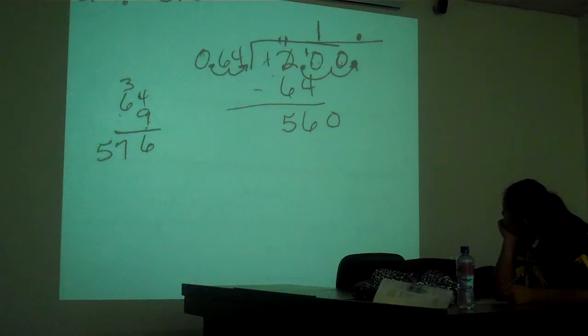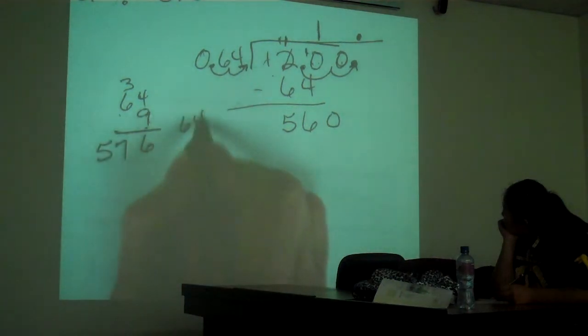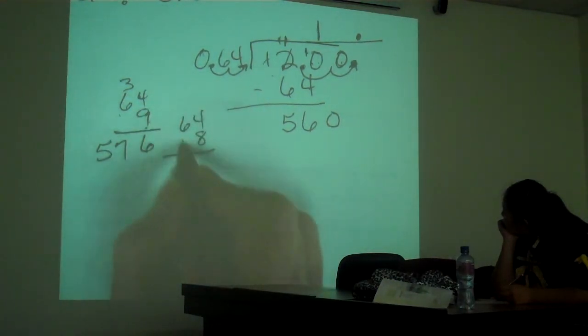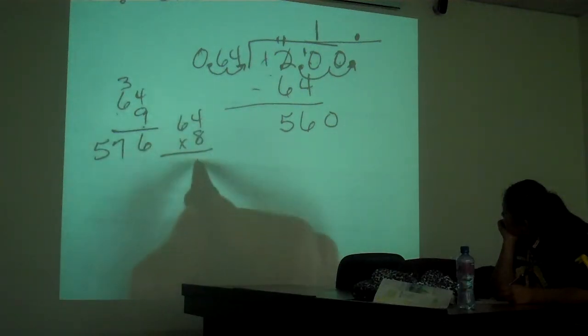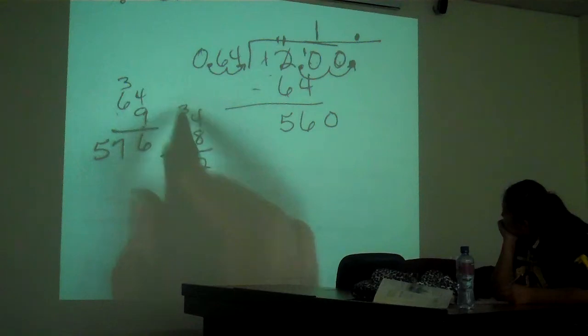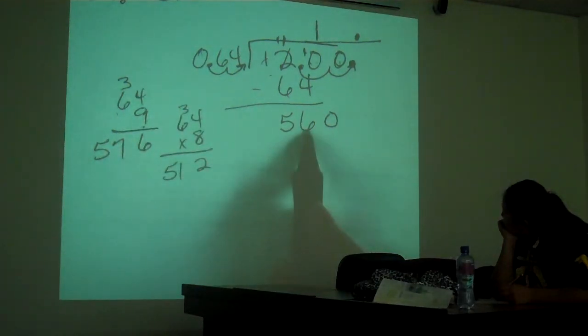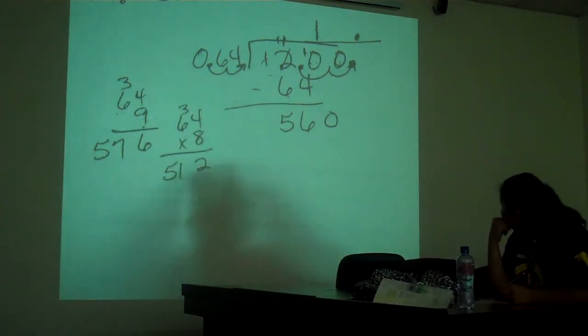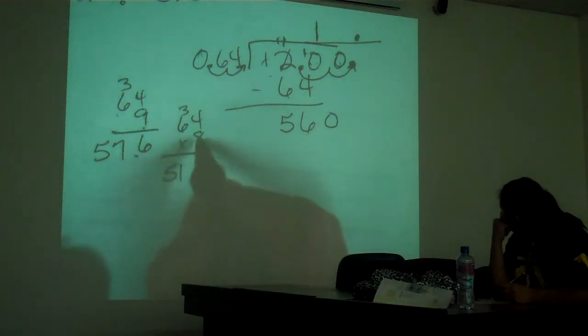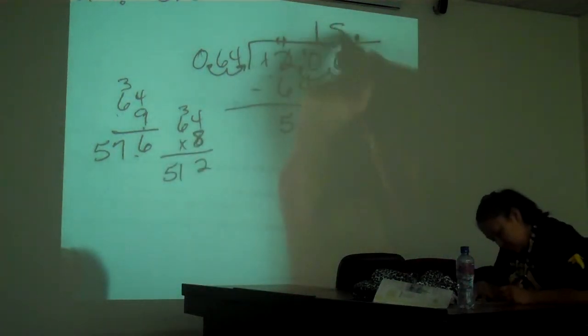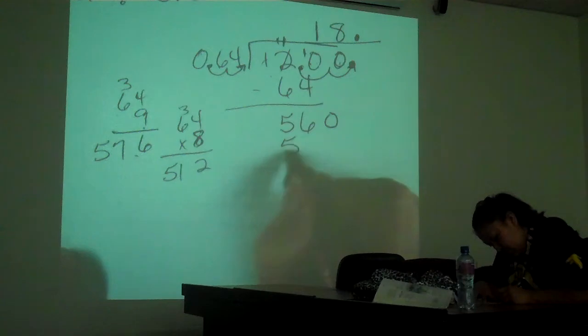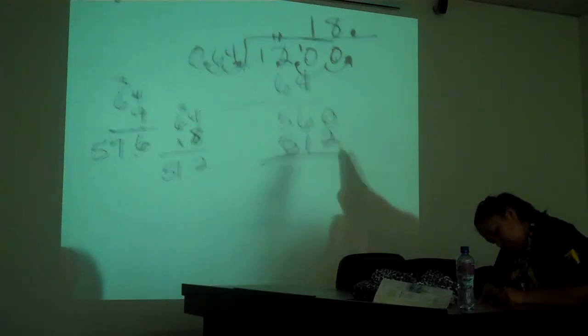That's too big. Let's leave it there in case we need it for later. We'll go down to the 8. 8 times 4, 32. There's 48, 49, 50, 51. That one's big enough. It's not too big. That one was too big. So we'll use the 8. 8 times 64 is 512 that we just found.